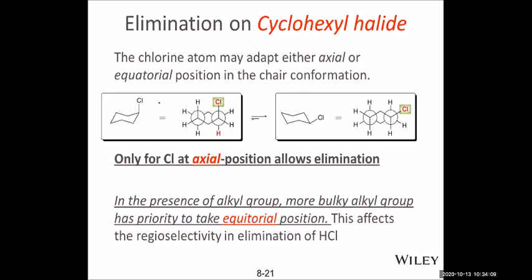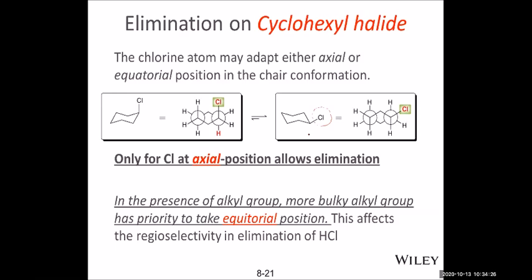One chlorocyclohexane, the chlorine can be either axial or equatorial, with the equatorial energy being preferred. By the way, the equatorial is preferred because the chlorine is a heavy atom and it's kind of big. It's bigger than the hydrogen.